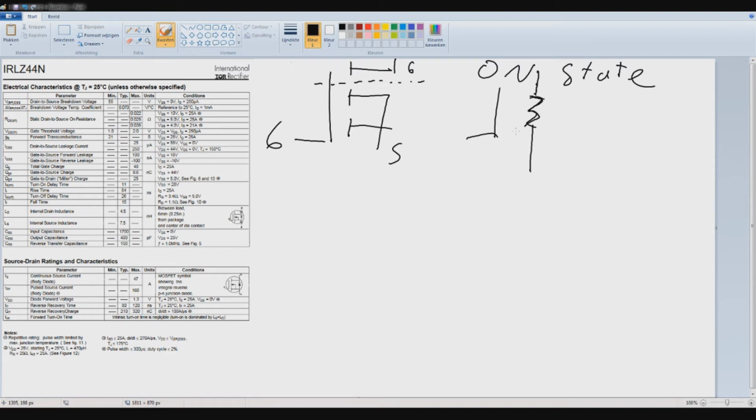Well, there's also parasitic inductance as well, stuff like that. But this is the RDS on. That means just here we have the drain, here's the source, and this is the resistance when it's on. So what it says is at various voltages and currents it will have a different resistance.